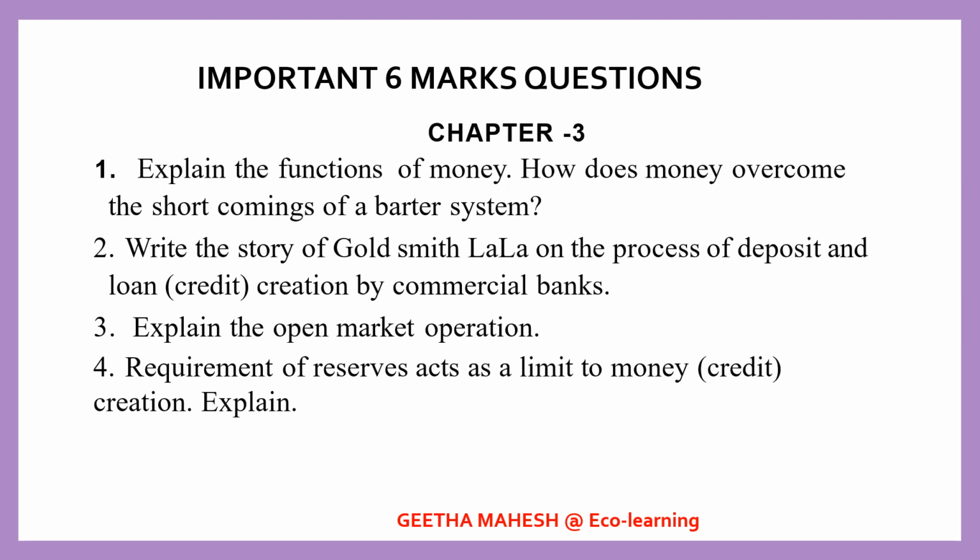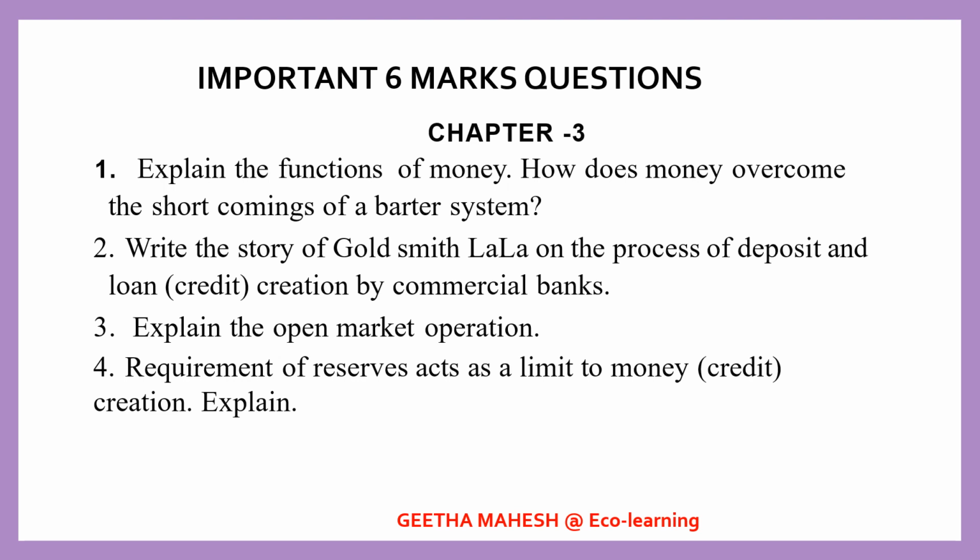From macroeconomics chapter 3, that is money and banking, you can expect one 6-mark question. There are 4 important questions. First one is money: explain the functions of money. How does money overcome the shortcomings of the barter system?